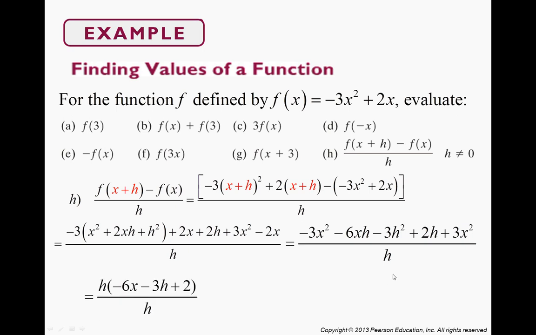And then if you look, 3x squared and the minus 3x squared cancel out, leaving us with just negative 6xh minus 3h squared plus 2h. And if you factor out an h, and then divide by that h on the bottom, you get negative 6x minus 3h plus 2.